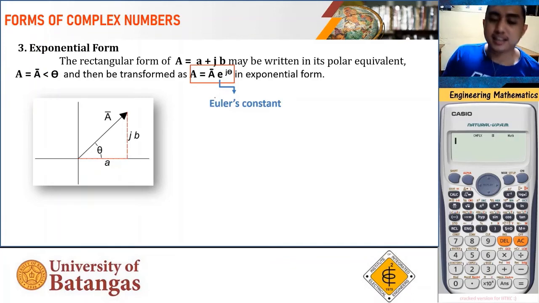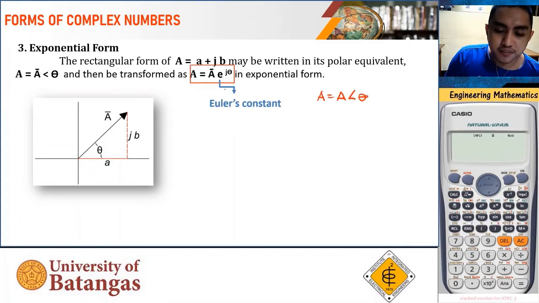Kung ang ating polar form is A equals A bar angle theta, kapag dadalhin natin siya sa exponential form, ang mangyayari is A equals A bar, so itong ating bar angle ay papalitan natin ng E raised to j.